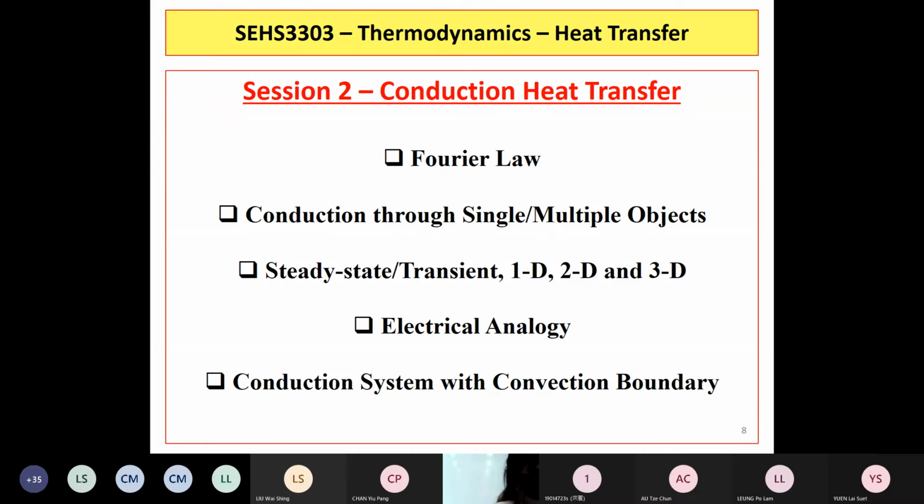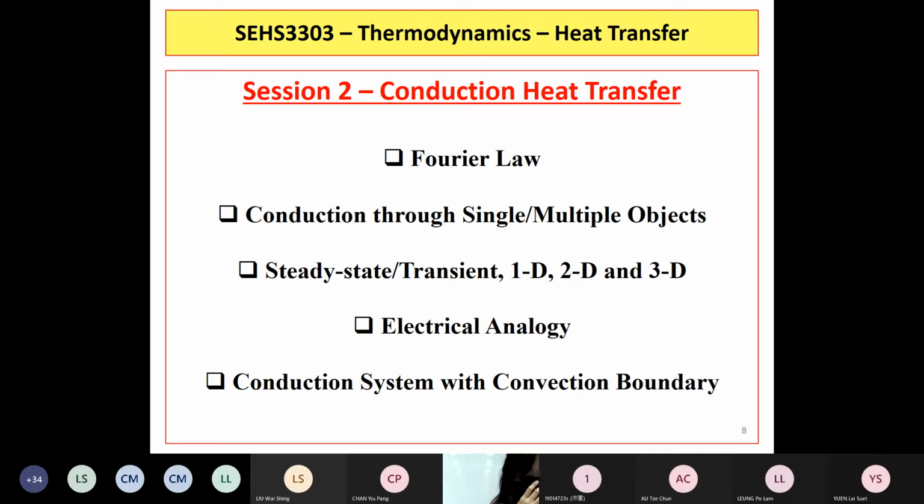Okay, first, let's have a look at the conduction heat transfer. First, I will introduce to you the Fourier law, which is used to solve the conductive heat transfer. Then we will use this equation to calculate the conductive heat transfer through a single or multiple layers of object.